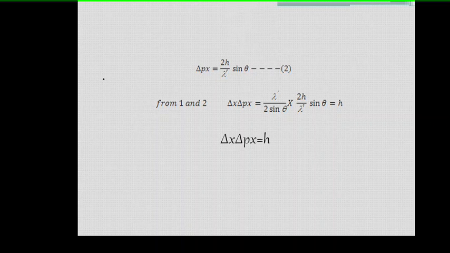That comes out to be h, and the final equation we get is del x into del px is equal to h. Since in this equation the value of del px is minimum, this equation is consistent with the uncertainty relation, and that relation is del x into del px is greater than or equal to h cross.